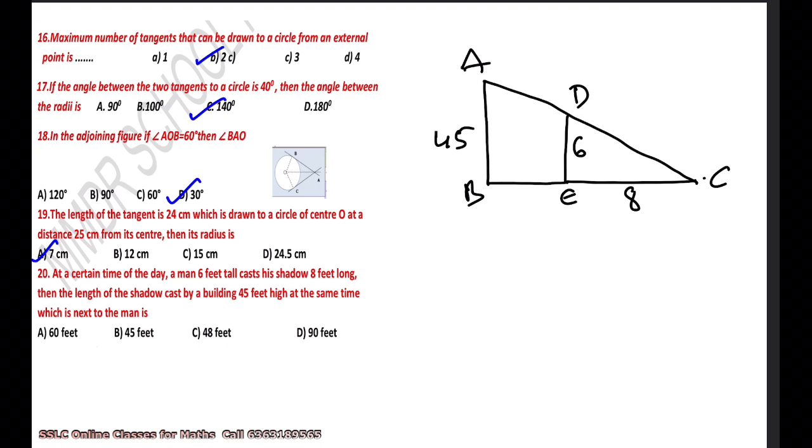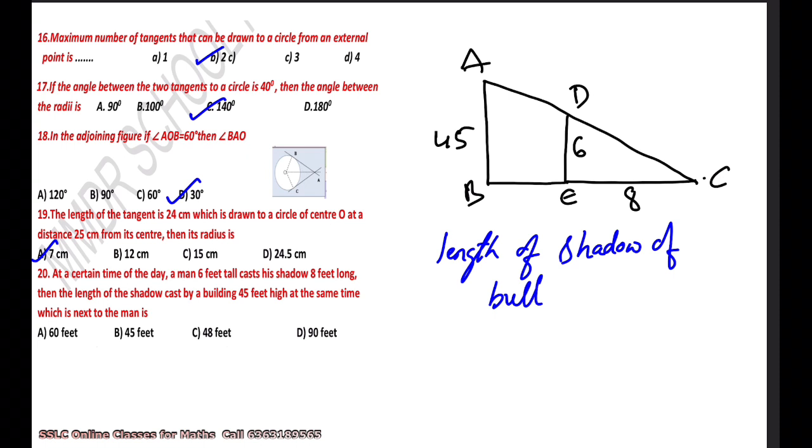So let us assume the length of the shadow of the building is equal to x. We are assuming BC is equal to x. So if you see here, AB is parallel to DE. AB is parallel to DE.